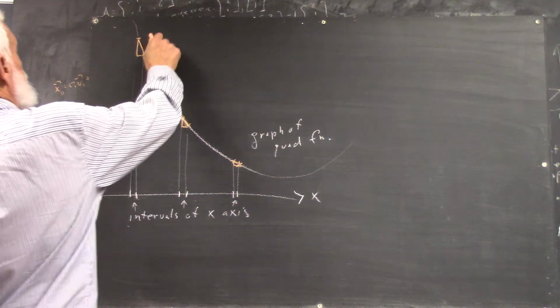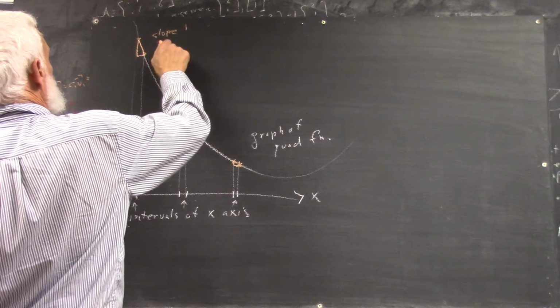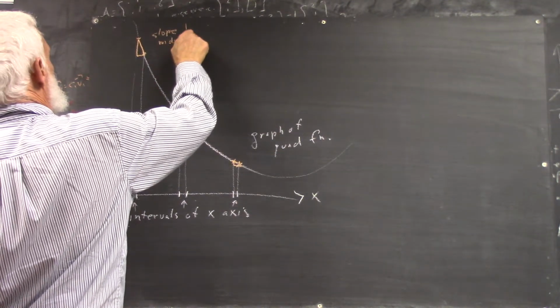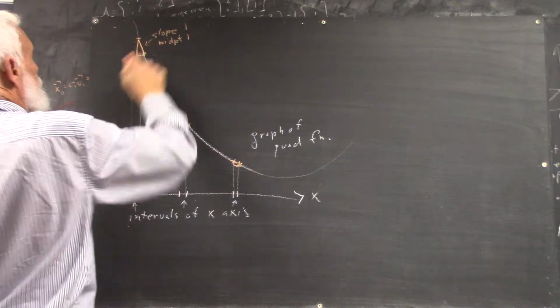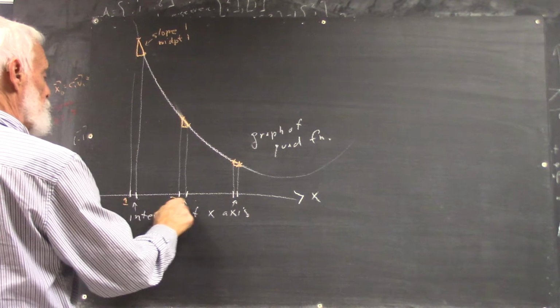But we have the slope of the first triangle and midpoint of the first triangle. Let's just number these intervals. 1, 2, 3.